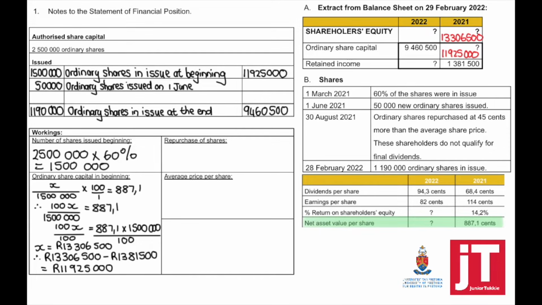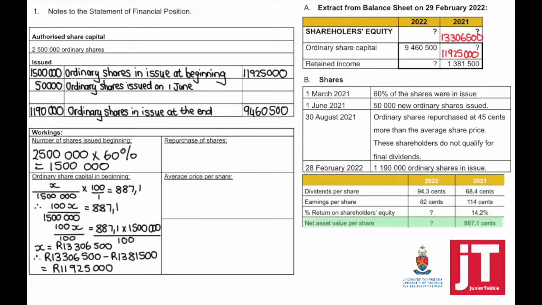On 28 February 2022, they provided us with the number of shares in issue at the end. And if we look at information A, the extract from the balance sheet, they provided us with the total ordinary share capital. So it's all about filling in the information which we've got. Now we can find the missing figures.